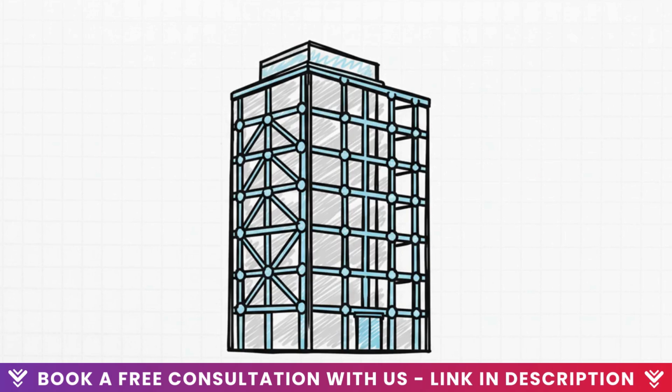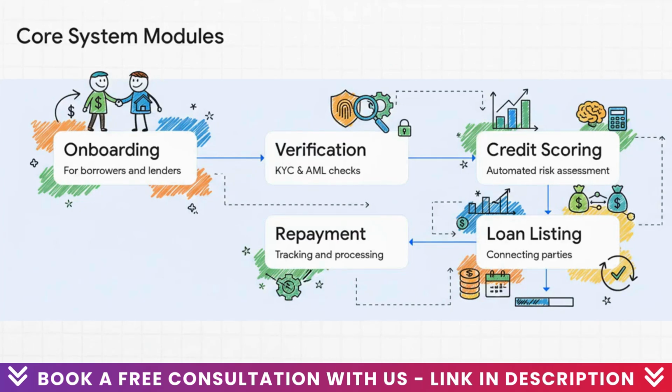Okay, so once you have those strategic questions answered and your model is defined, the focus has to shift to the technical architecture. Think of this as the digital skeleton that's going to support your entire business model. It's not just one big program, but a whole collection of systems that have to work together perfectly. A really good way to picture this architecture is as a set of building blocks, or modules. You need a smooth onboarding process, right, for both borrowers and lenders.